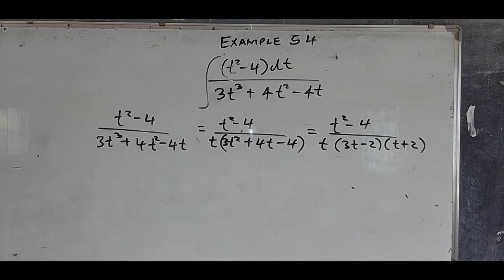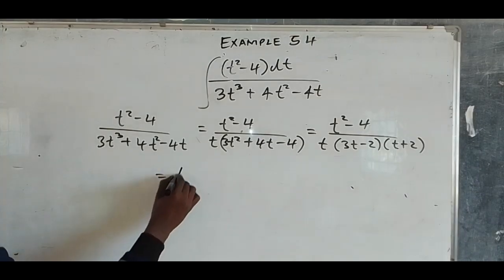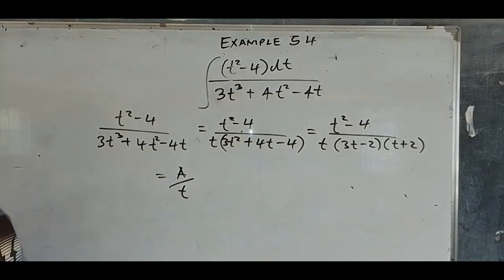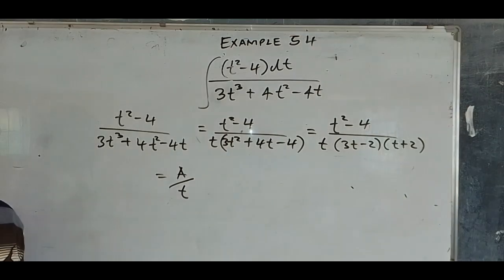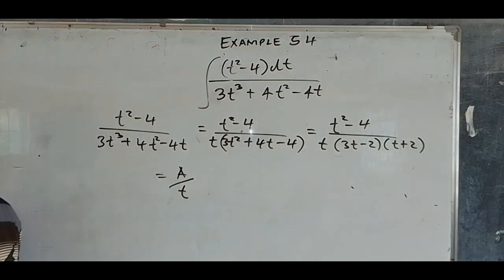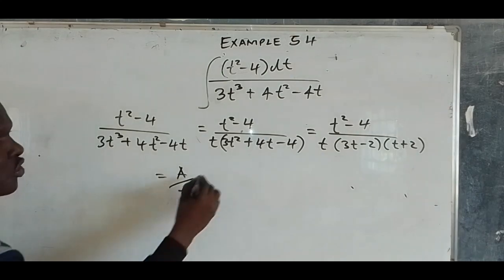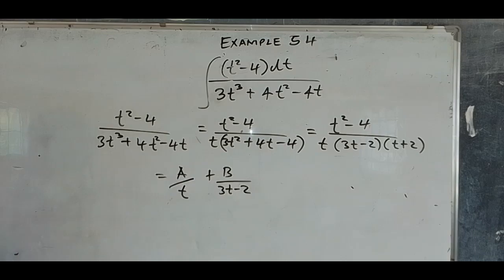So let us start with the first one. This t is a linear factor, so it is going to be A over t. Then the next one, 3t minus 2, is also a linear factor, so it is going to be plus B over 3t minus 2.